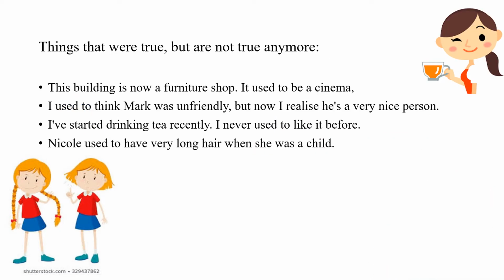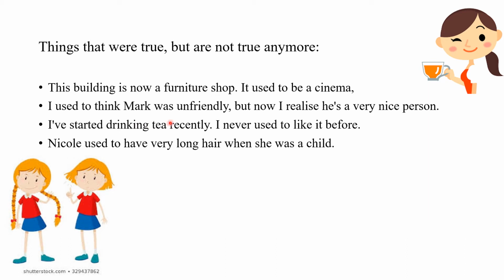The verb phrase used to can also be used to talk about situations which were true in the past but not true anymore. For example, this building is now a furniture shop. It used to be a cinema. It means that in the past the building was a cinema, but now the condition has changed and the building is a furniture shop.